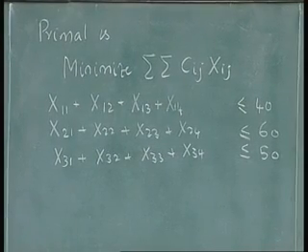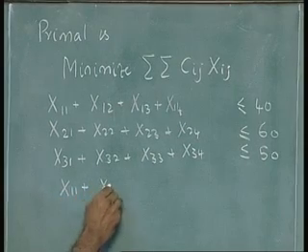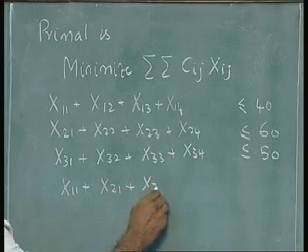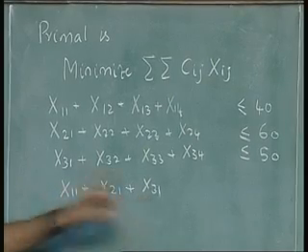As far as the requirements are concerned, the first requirement point will be x11 plus x21 plus x31. This is the quantity received from supply points 1, 2 and 3 respectively.